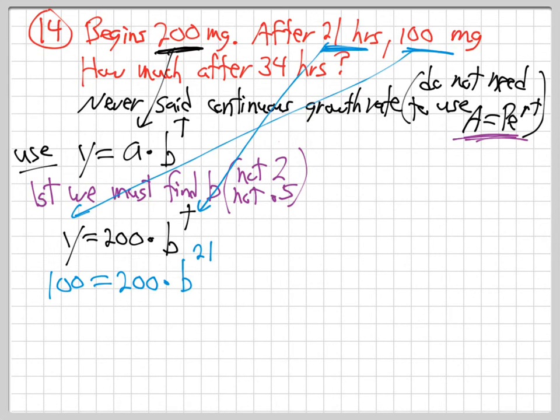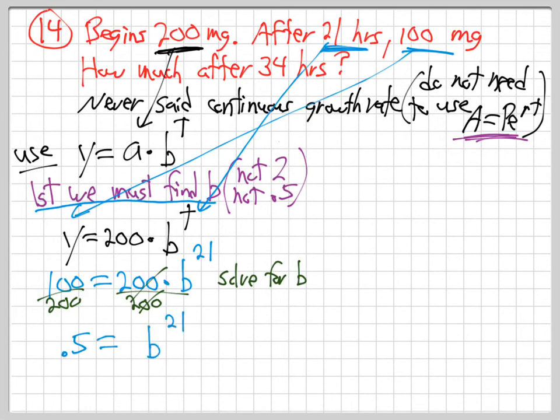Now what we're trying to do here, we're trying to find B first. So how can you solve for B? First thing is divide by the 200, right? So if you divide that by the 200, that's going to be 0.5 is B to the 21. And now, what are we going to do to finish that?